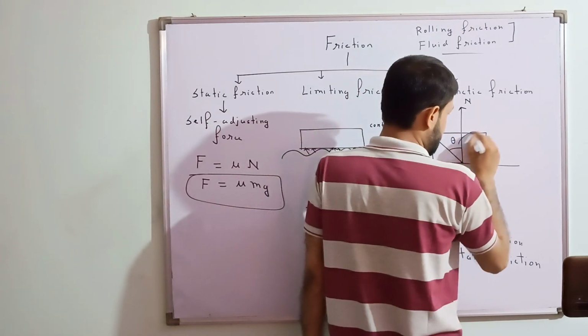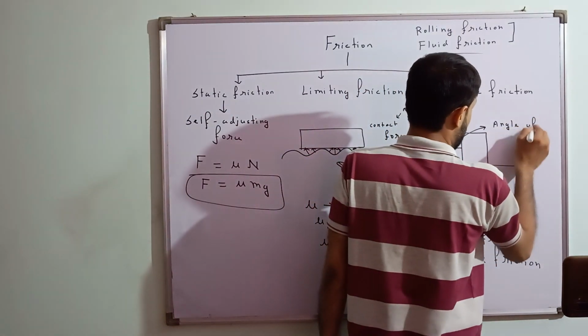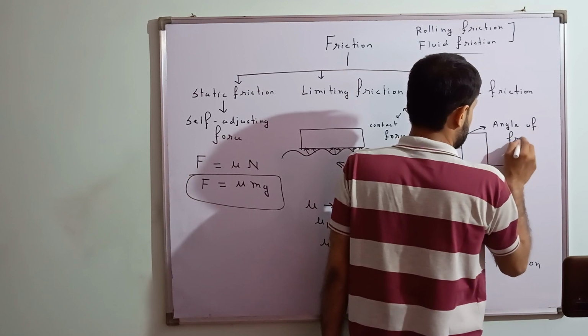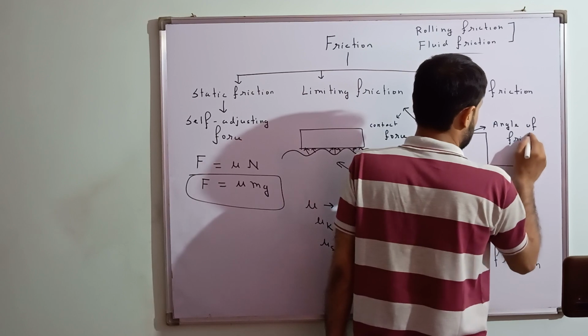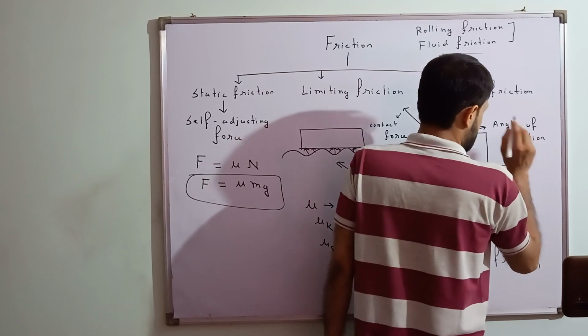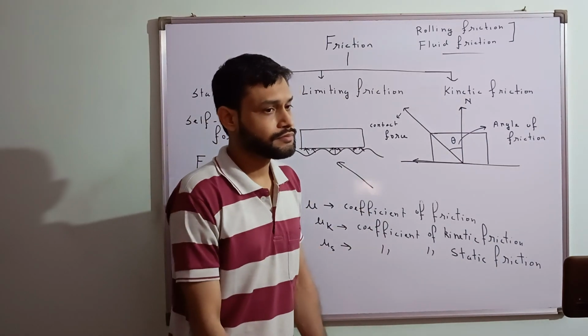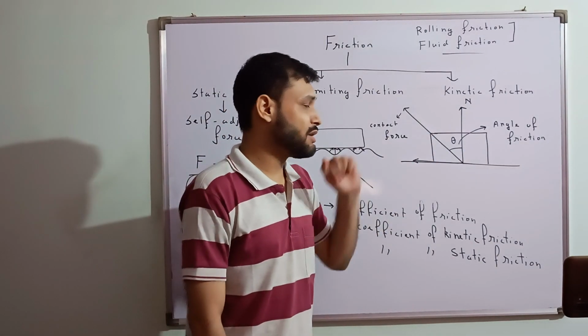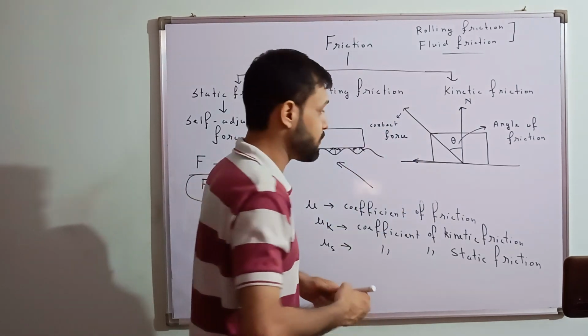And the angle in between over here is known as the angle of friction. Is it okay? This angle is known as the angle of friction, and the horizontal component of contact force becomes friction.